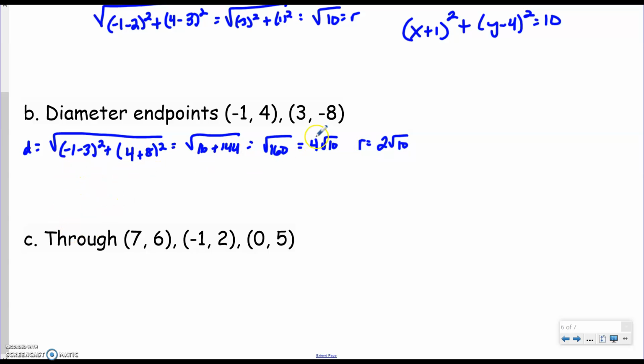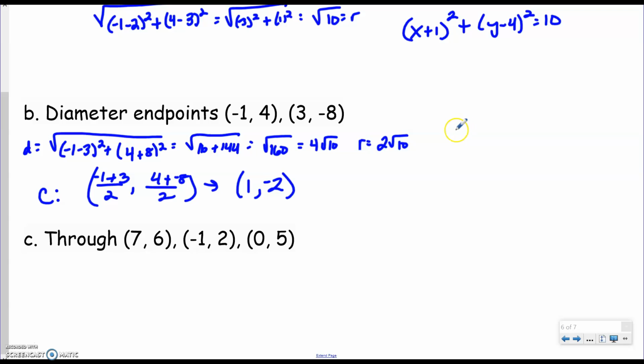And then we also need to find our midpoint because our center is going to be at the midpoint. So I'm going to do -1 plus 3 divided by 2, and 4 plus -8 divided by 2, which gives me 1 and -2 for my center. So if I plug this in, I get x minus 1 quantity squared plus y minus -2, or y plus 2 quantity squared, equals 2 square root of 10 squared.